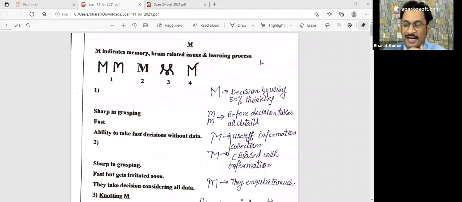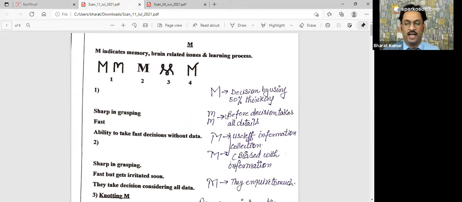Now try to find out how many of you have any one type of small letter M which I have written here. Please check it. If you are using any one out of these two small letter M, these kind of people are very intelligent.